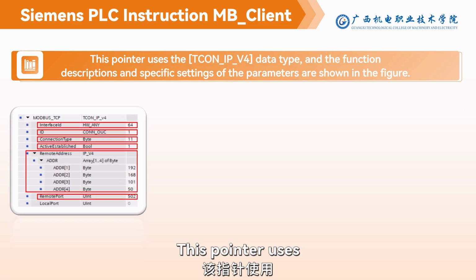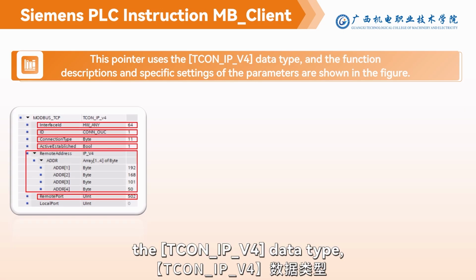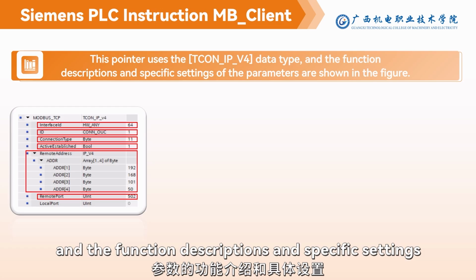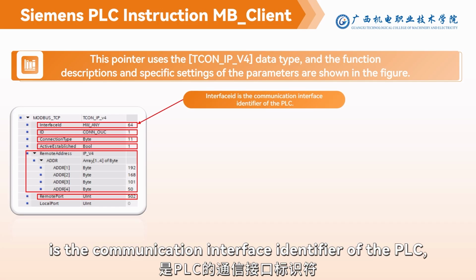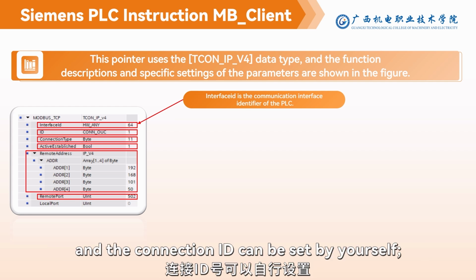This pointer uses the TCON IPv4 data type, and the function description and the specific settings of the parameters are shown in the figure. Interface ID is the communication interface identifier of the PLC, and the connection ID can be set by yourself.